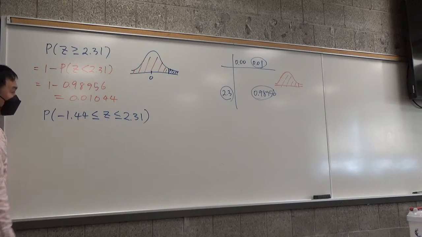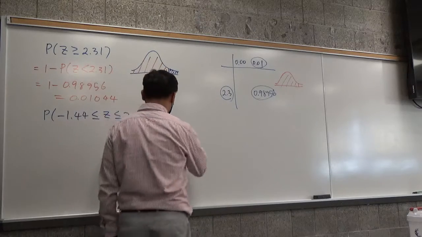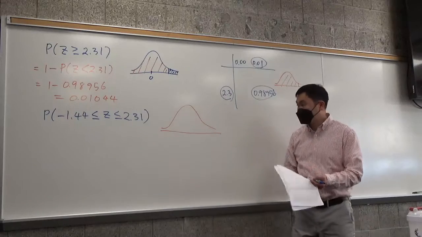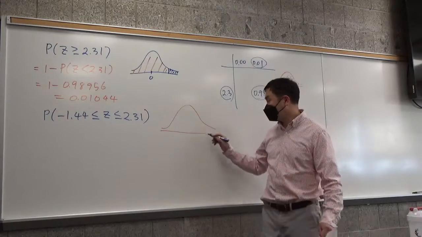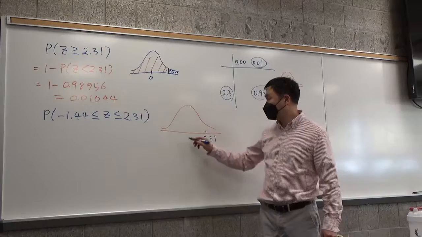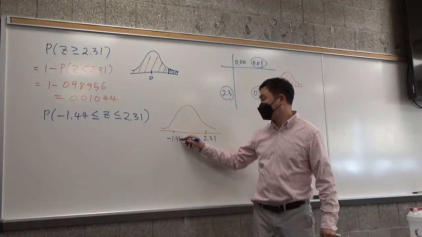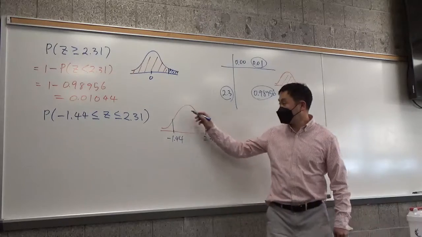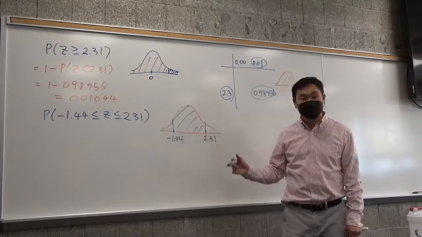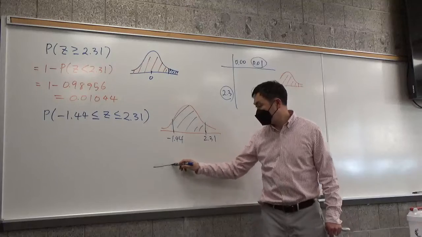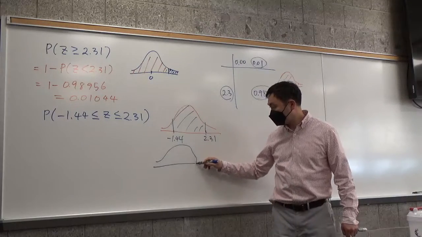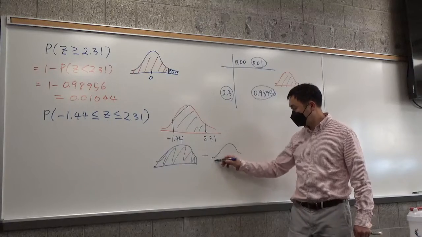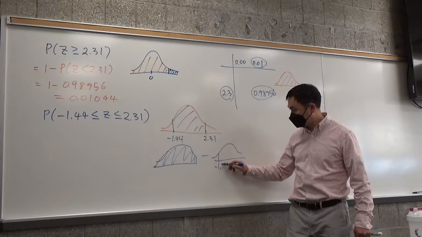Now let's look at the second one. If you have a question asking for the area between two values, here's 2.31 and negative 1.44, then since you're asking for this, you can easily think of this as the difference between this much minus this much right here.